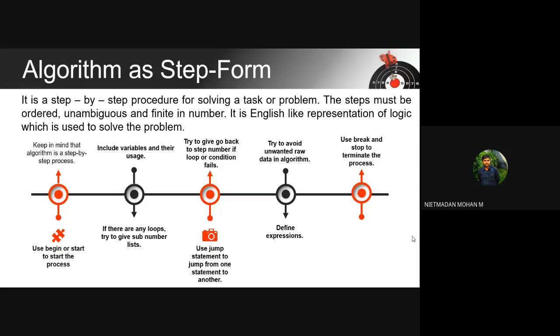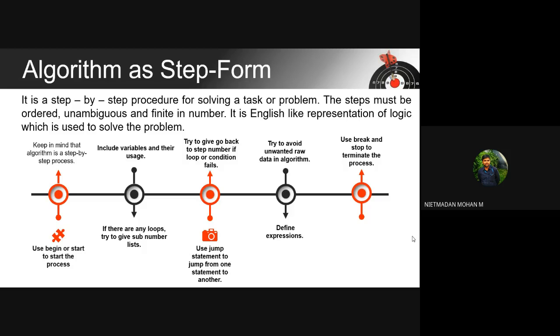In the previous example, I mentioned that for finding the Fibonacci sequence, we want to read an n number. So n is a variable. We want to include the variables that are used in an algorithm. If there are any loops, try to give sub-numbered lists. We will discuss this in upcoming programs.